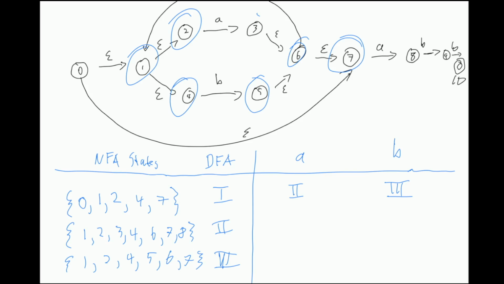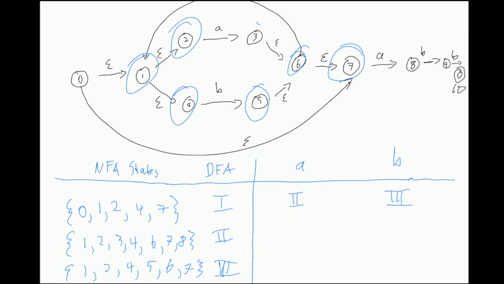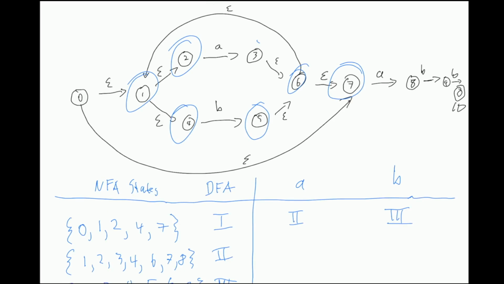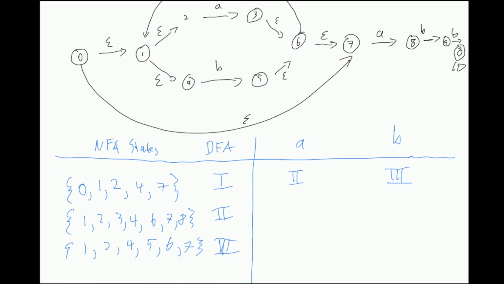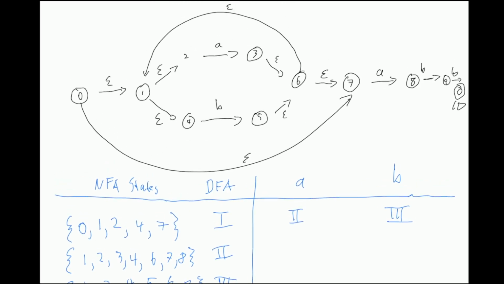And then we just do this whole process again for Roman numeral state 2. Okay, so let me highlight Roman numeral state 2. So that's 1, 2, 3, 4, 6, 7, 8.